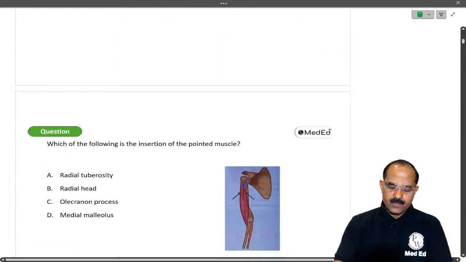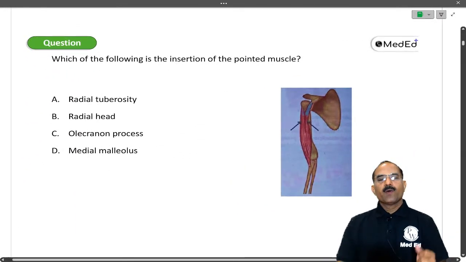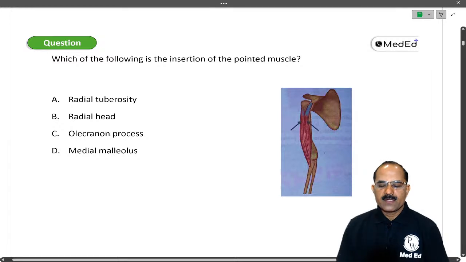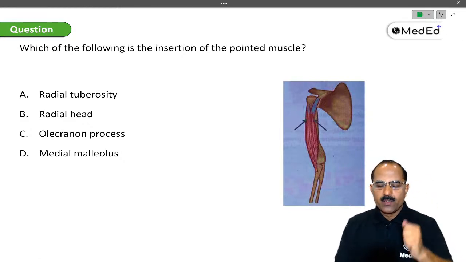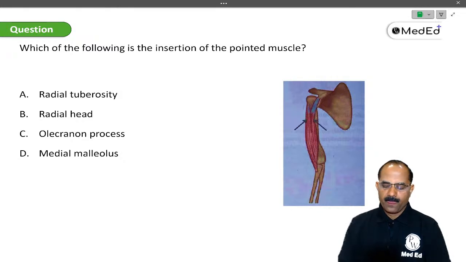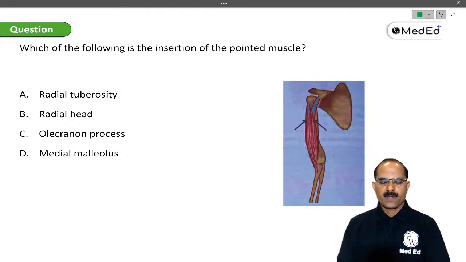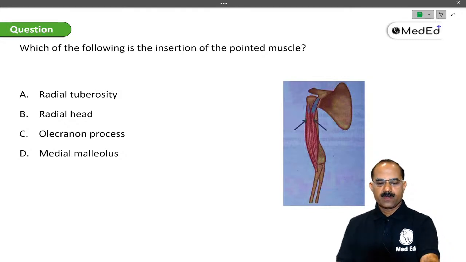Okay, bachcho, coming to the next MCQ. Which of the following is the insertion of the pointed muscle? Come on, anyone answer this. What is the muscle pointed? ये pointed muscle कौन है?